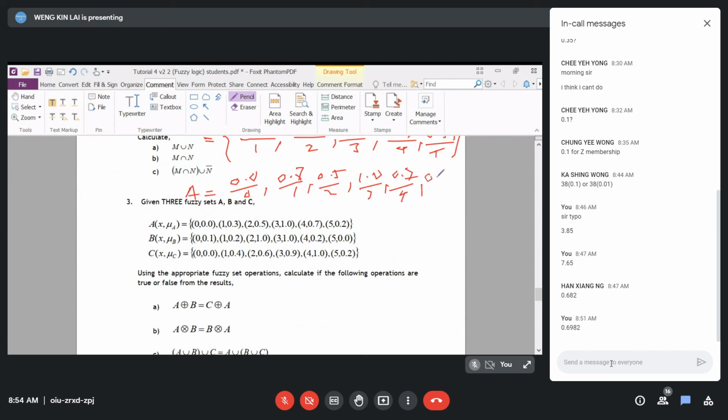The last one is 0.2 over 5. Right, so it's a different way to represent the fuzzy sets, the membership of the fuzzy sets.